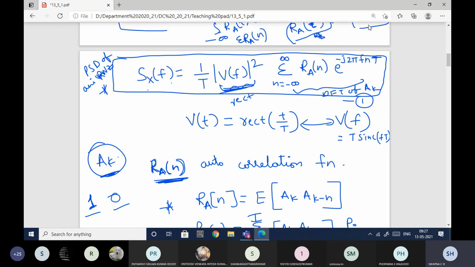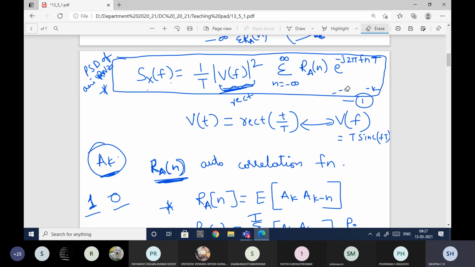This is how we calculate the power spectral density.